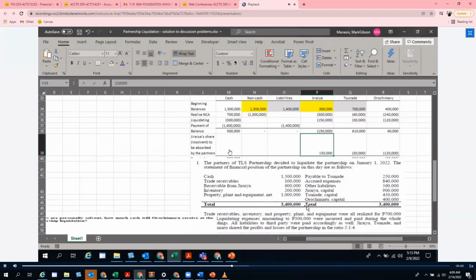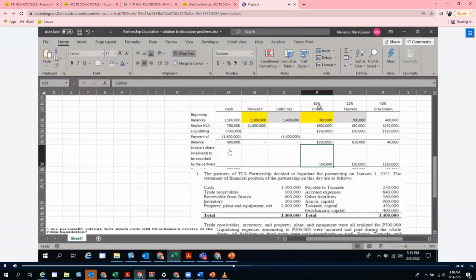So the non-cash assets were sold for 700,000 pesos only. So therefore, the loss on the realization of non-cash assets will have to be split between Jiraiya, Tsunade, and Orochimaru using their profit and loss sharing.